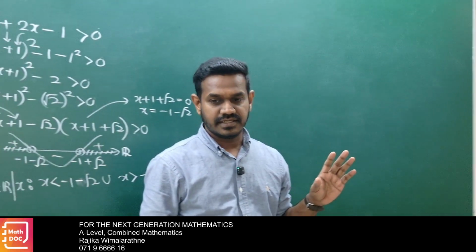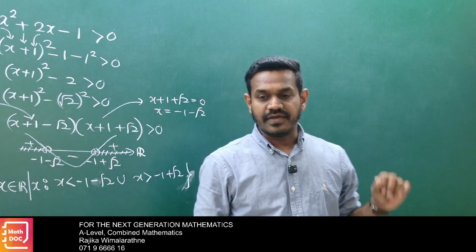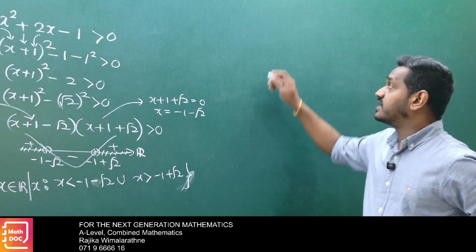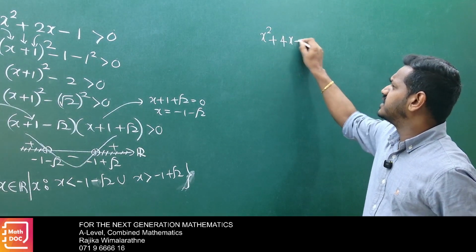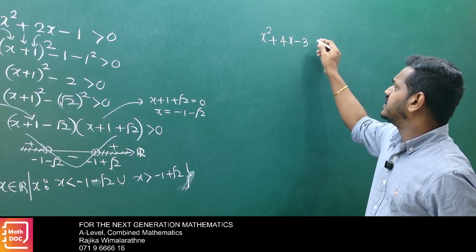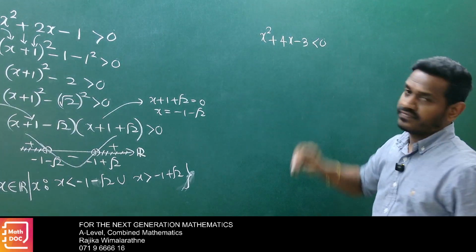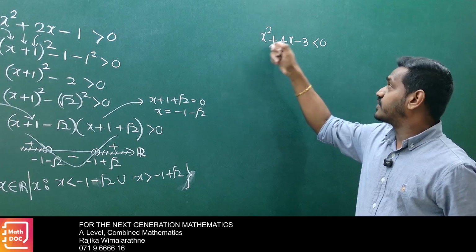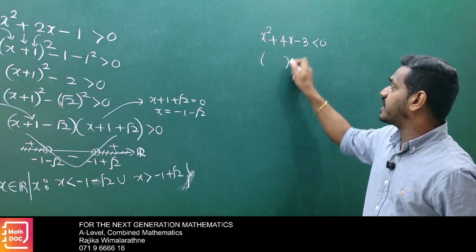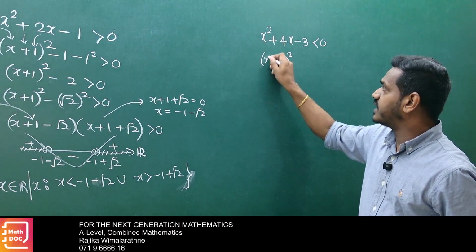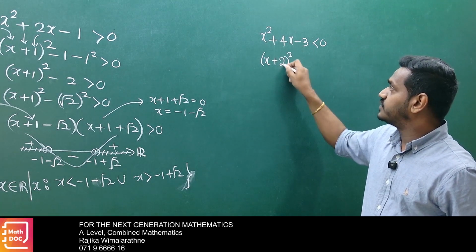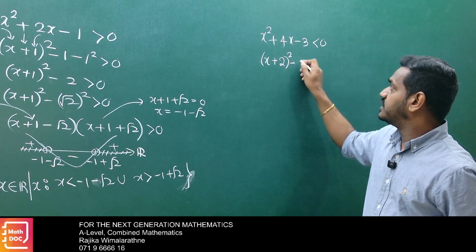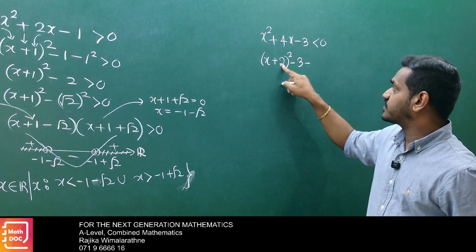See this. Here factorization is very important. Consider x² + 4x − 3 < 0. Then here x² + 4x, write the perfect square, then x plus the x coefficient divided by 2, so we write 2 here, minus 3 and subtract the square of this.